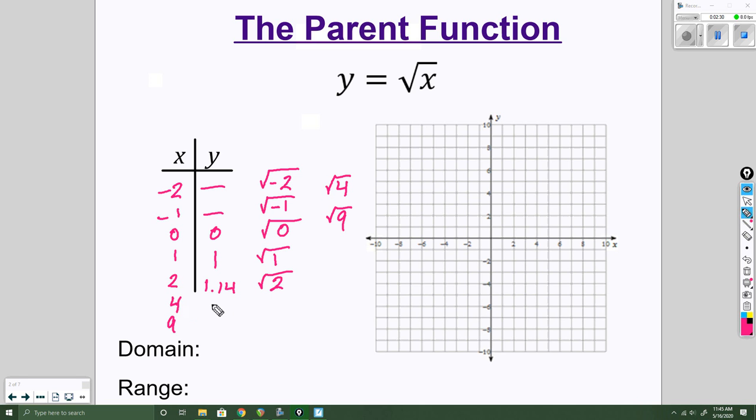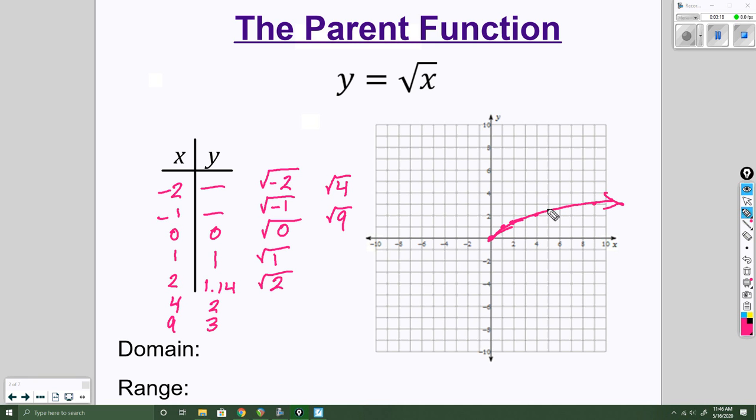So the square root of 4 is 2, the square root of 9 is 3, and now we have some values that we can graph and get a picture of this function. So the graph actually starts at (0, 0), and then we go to (1, 1), and so on, (4, 2), (9, 3), and we can graph what this function kind of looks like.